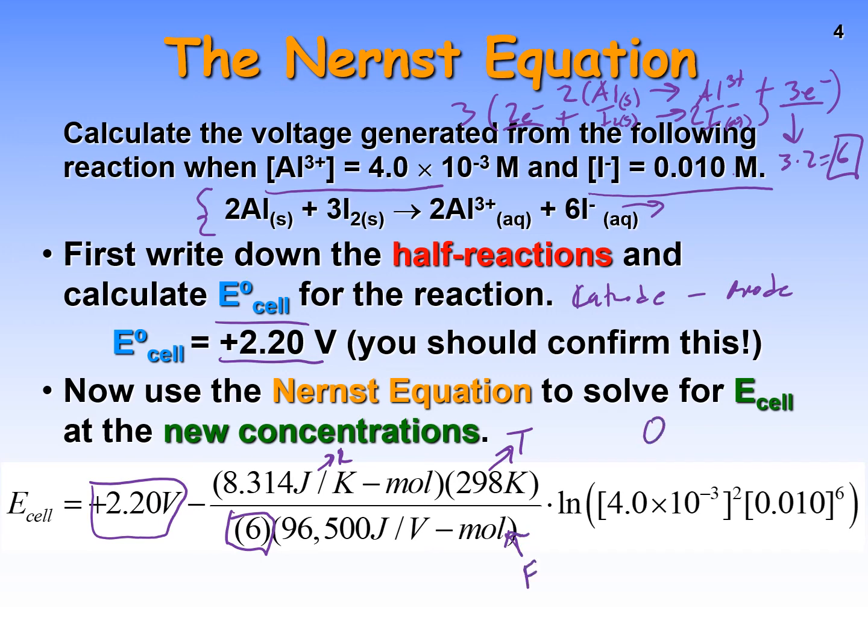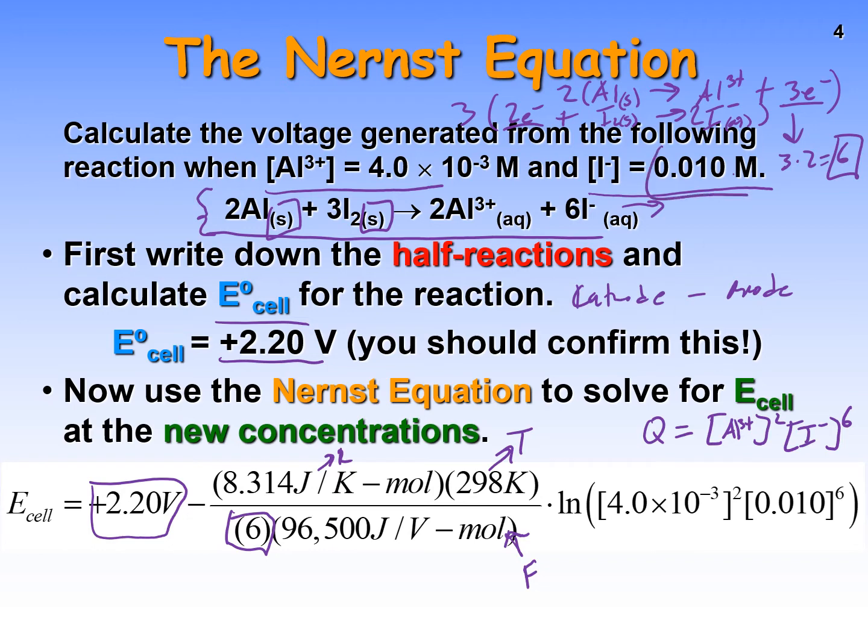Now here's Q. We know from the reaction here that the reaction quotient is products over reactants, but the products here are solids, and as we have learned quite hopefully well, solids don't get involved in Q or K equations. So this equation should just be the aluminum 3 plus concentration squared times the I minus concentration to the power of 6.